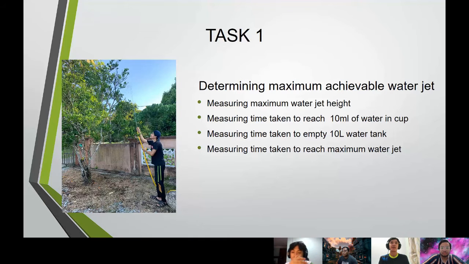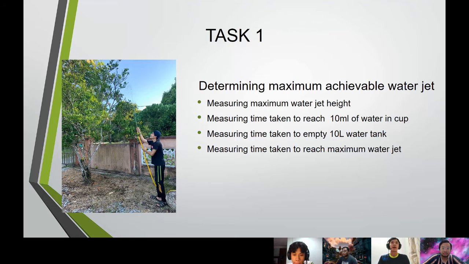I measured the maximum water jet height, and I also took the time taken to reach 10 milliliters of water in a cup, and the time taken to fill up the 10-liter water tank, and the time taken to reach the maximum water jet.